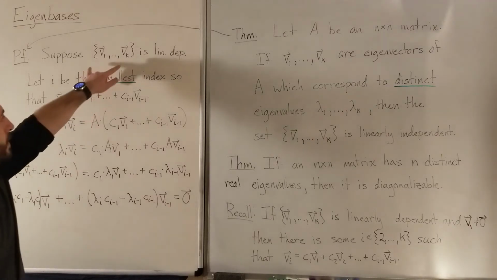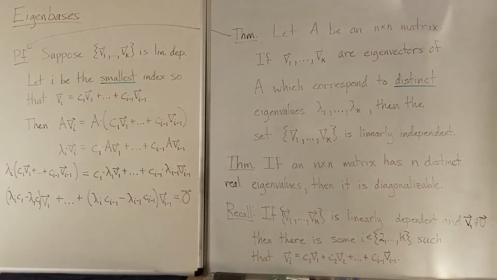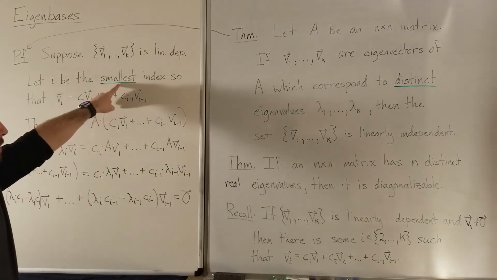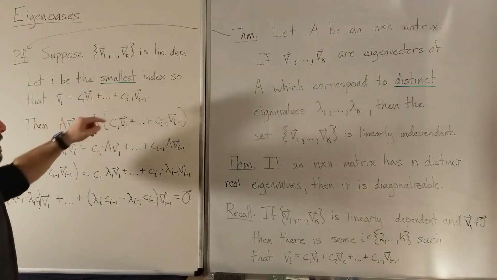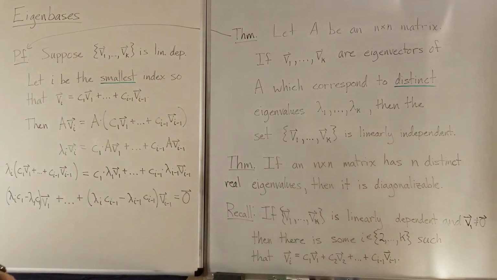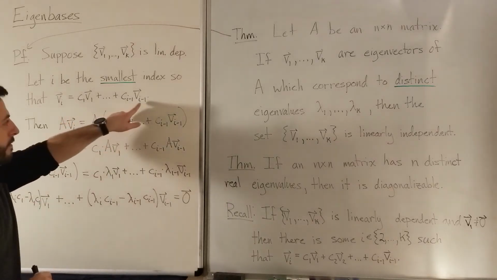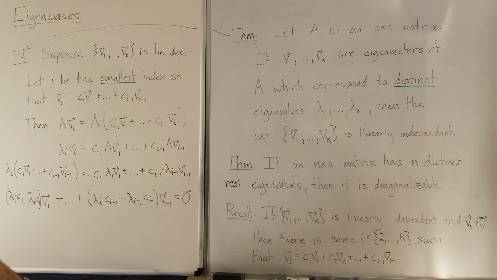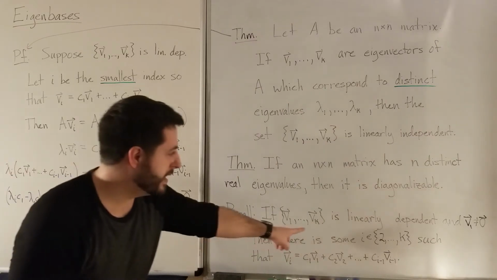Remember, even though I'm assuming this whole set is linearly dependent, because I've picked the smallest index i here, the set of vectors I'm using on the left-hand side must be linearly independent. A contradiction argument here is that if v1 through v_{i-1} were linearly dependent, well then I would have this property again.